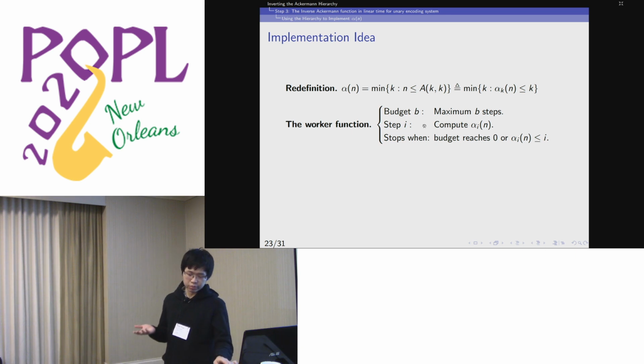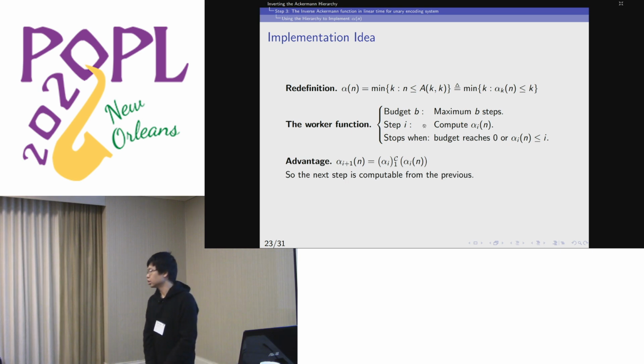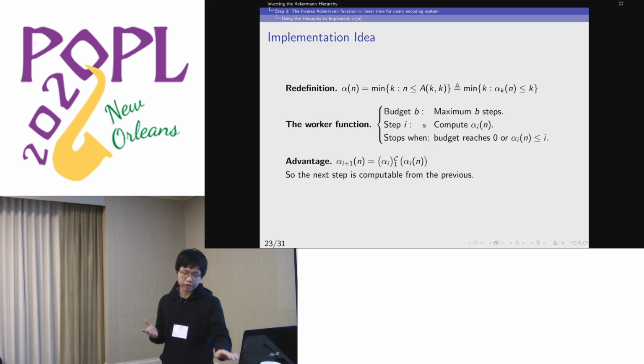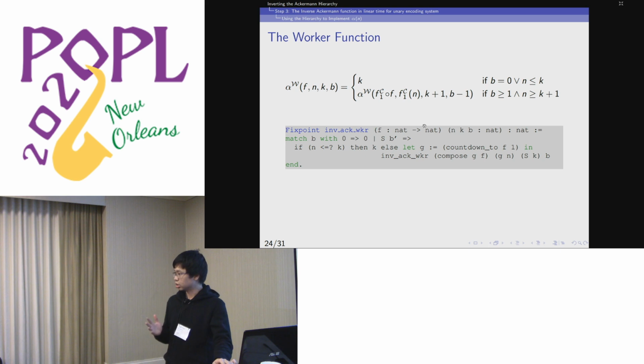Or we stop when the budget is exhausted. Because we know that by this recursive relation, the next level uses the results produced by the previous step, we don't have to compute everything from scratch. So this is the worker function.